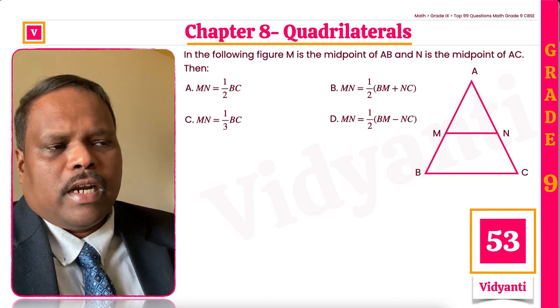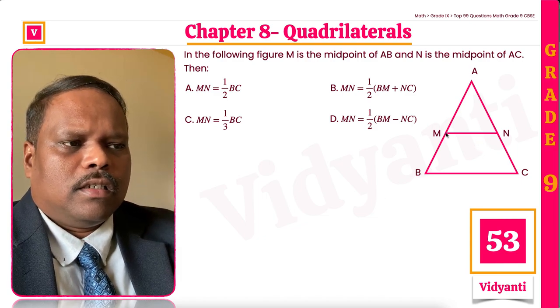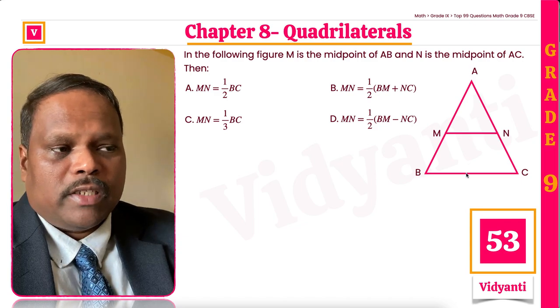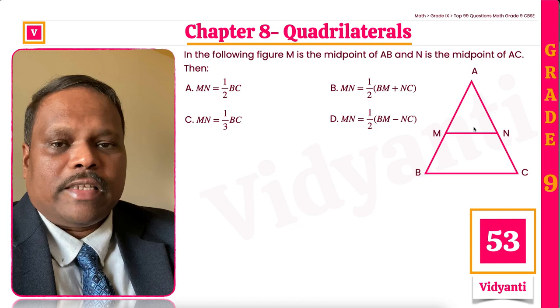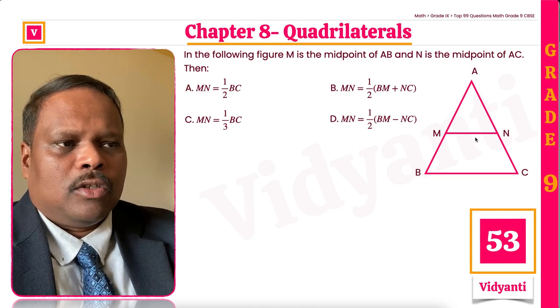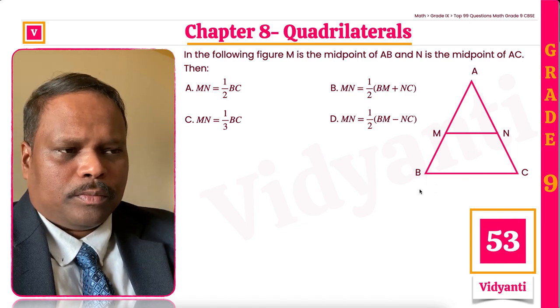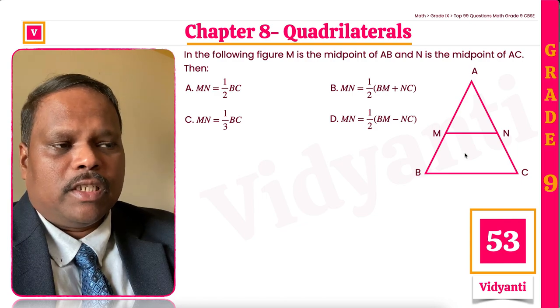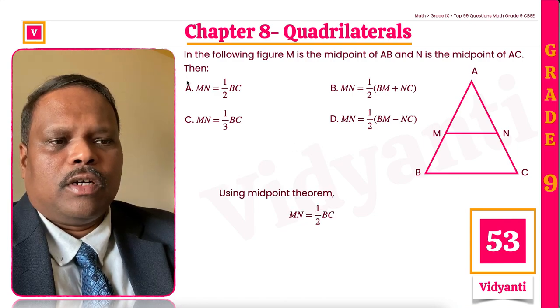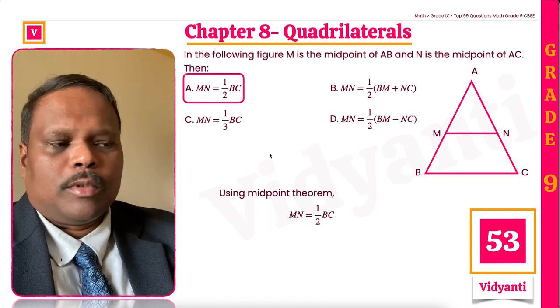If this is the midpoint, this is the midpoint, then MN will be not only parallel to BC, on top of that MN will be exactly half of the third side. So MN will be equal to half of BC, that is your first option, option A.